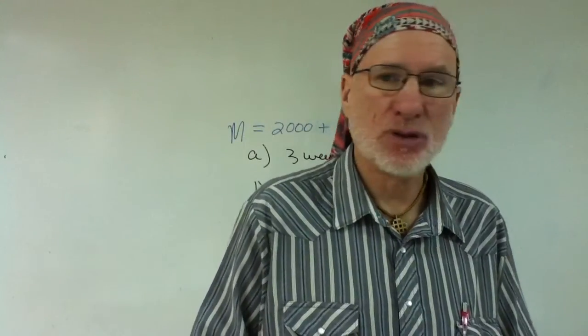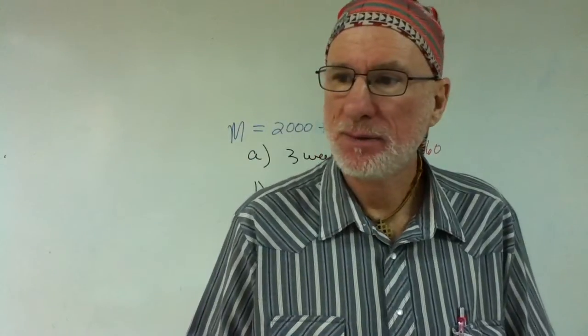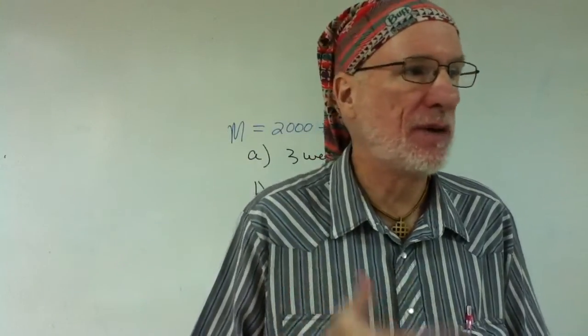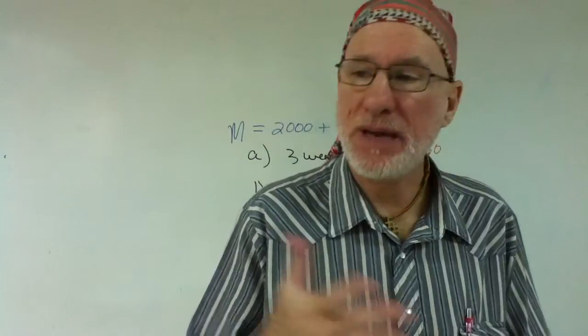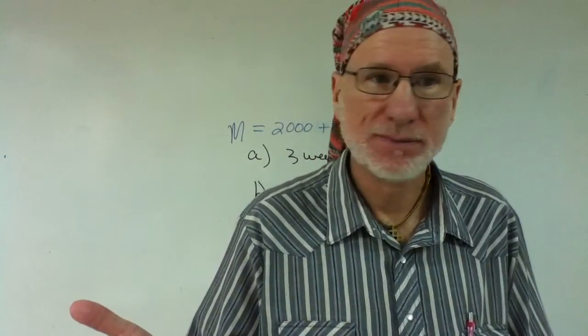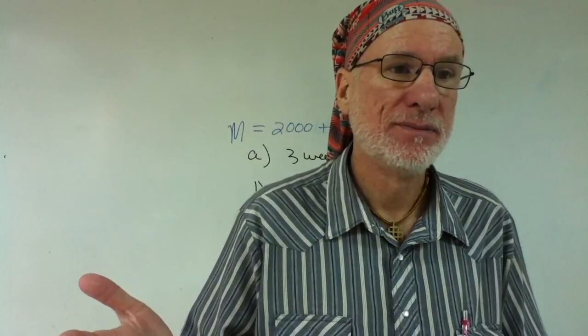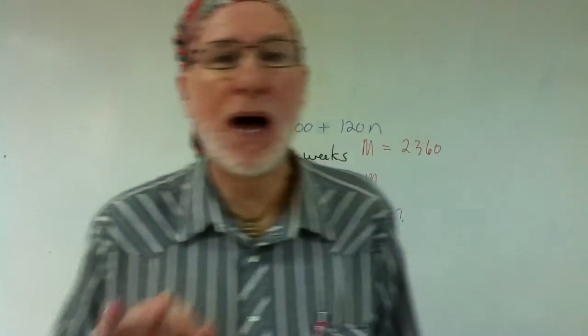Now, how would you be absolutely correct if you use 24, or if you use 26 in your answer? What would be the difference between being right or being wrong? Anybody? Lorena?